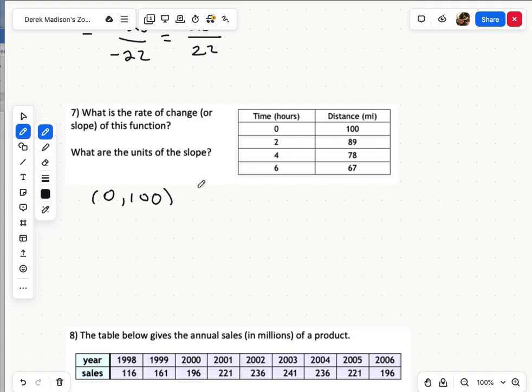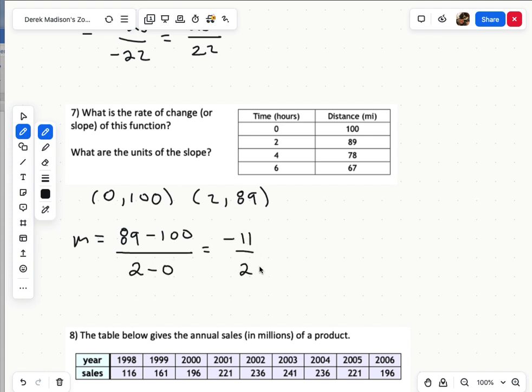And we'll do 2 and 89. And then it's basically the same thing as the last problem. So for this we would say m equals 89 minus 100 over 2 minus 0. And that's going to be negative 11 over 2.